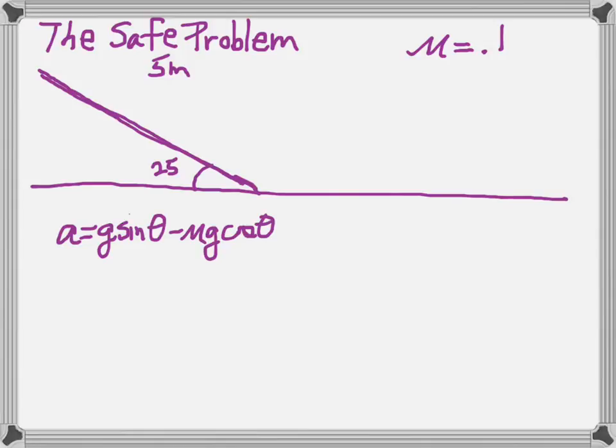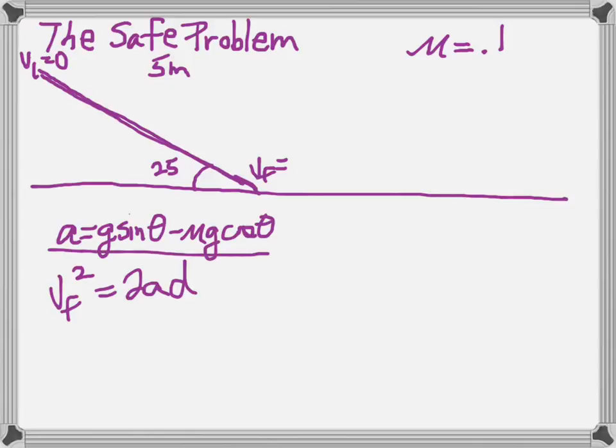If we have an acceleration and we know the initial velocity up here, which we're assuming is 0, and we know the distance is 5 meters, we should be able to figure out the final velocity down here. So you should be able to do that. Vf squared equals vi squared, which is 0, plus 2ad, and d is 5 meters, and the a you've already figured out from this equation.